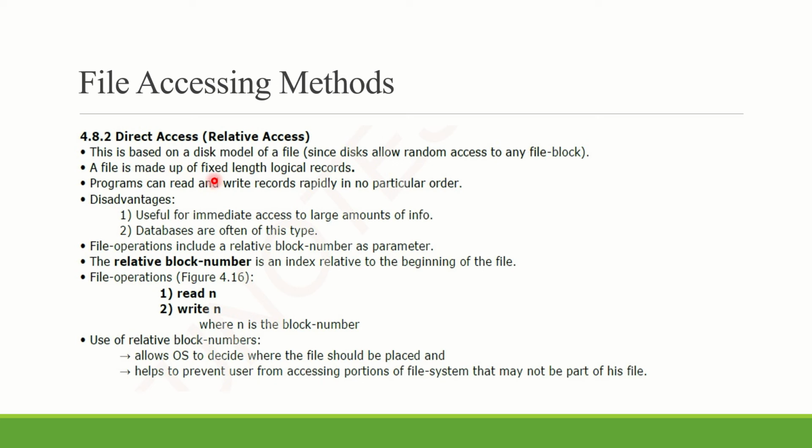A file is made up of fixed length logical records. Programs can read and write records rapidly in no particular order. Randomly you can select some record and the system can read or write it there.